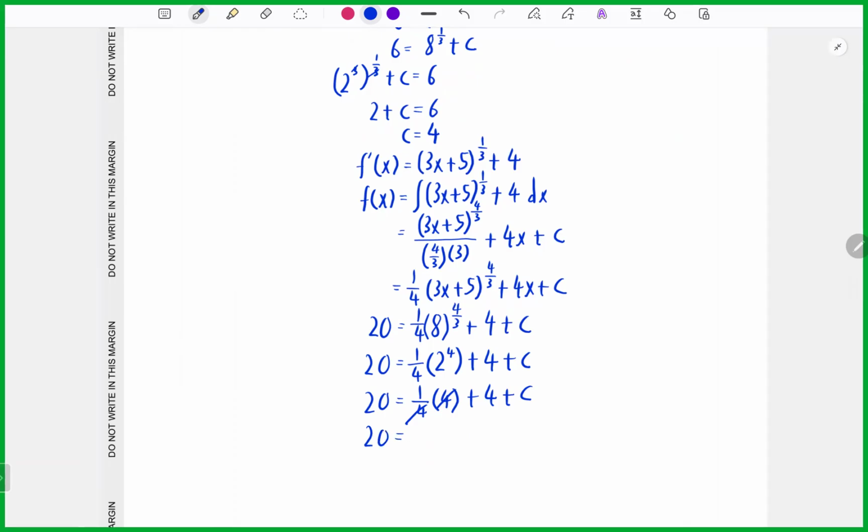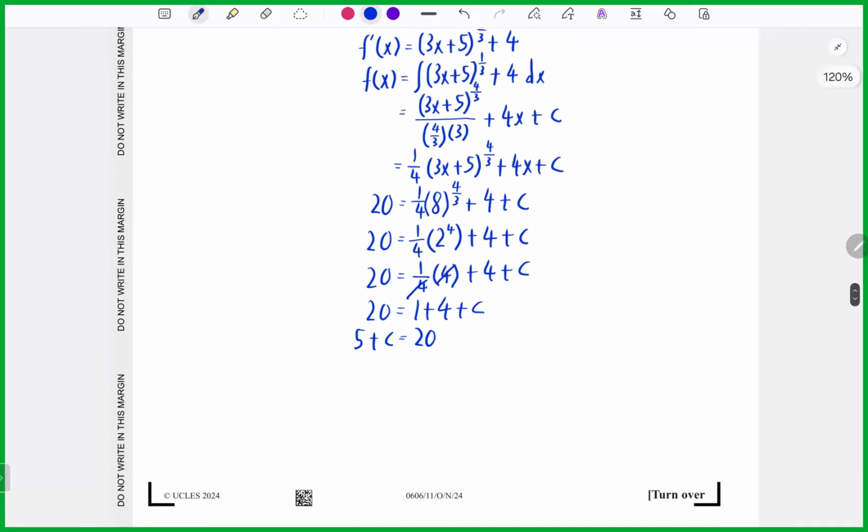Eh, sorry. Actually, here is 16, and here is 4. Sorry, I misheard.